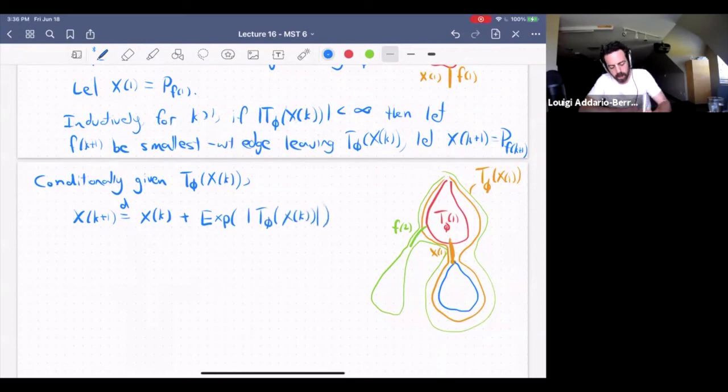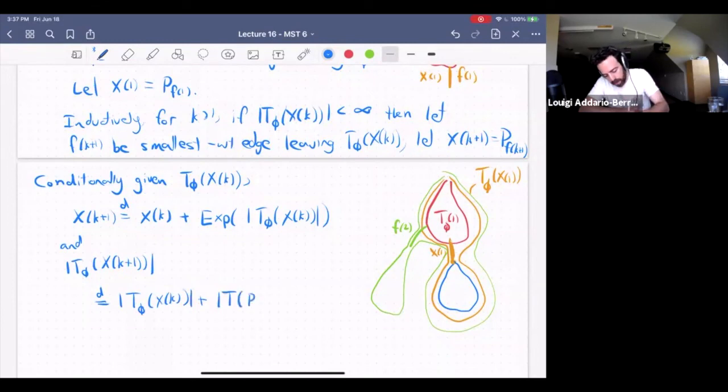Okay. And then the size of the next tree that we expand to, the x_{k+1} percolated tree, will then be distributed as, so whatever we already had, plus then the thing that we attach on is like a Poisson Bienaymé tree with this new parameter x_{k+1}.